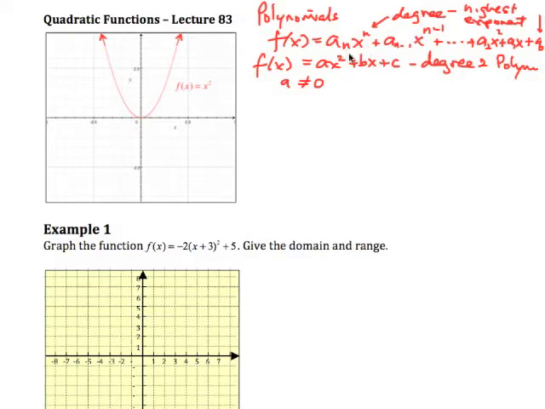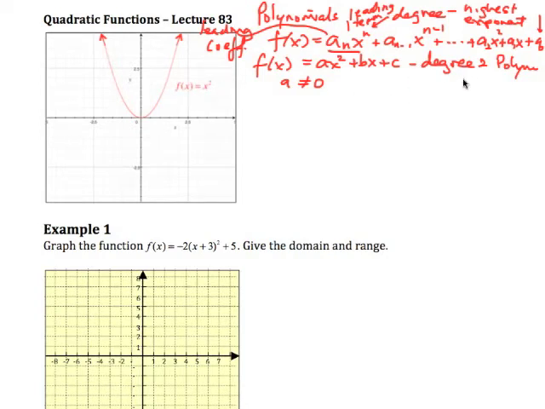So this is the degree, and so this term here is actually what's called the leading term. So that's the leading term, and this is the leading coefficient. It's the number in front of the leading term. So that's the leading coefficient.